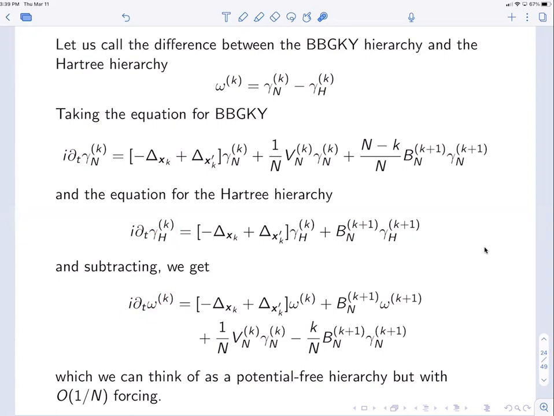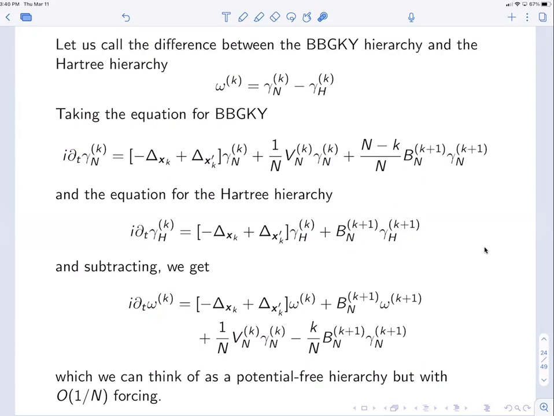Likewise, Laplacian terms subtract and leave us with this contribution. And over here, when it comes to collapsing operators, the n over n matches perfectly up with the term here.